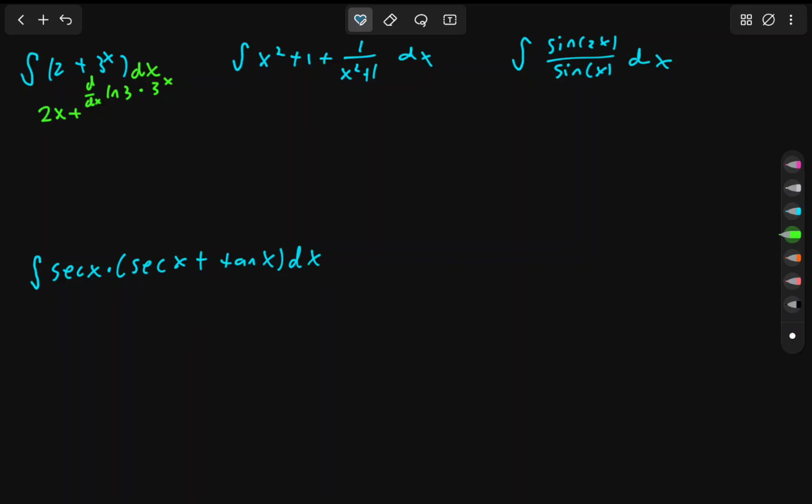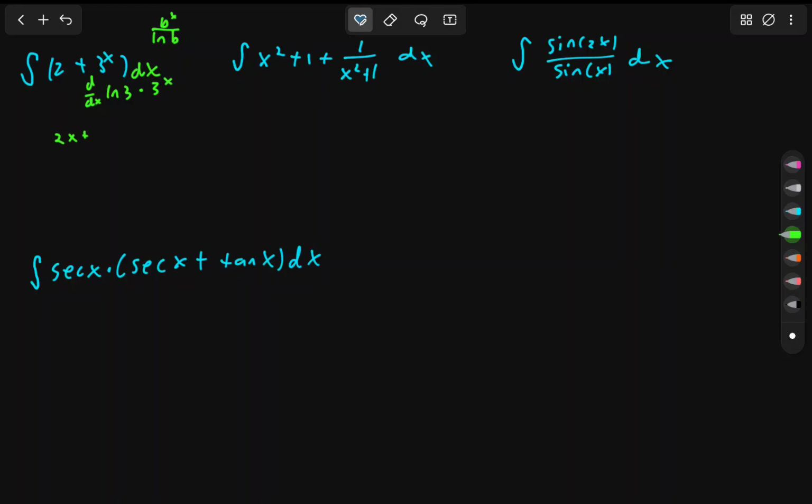Well, because the integral and the derivative are these inverse functions, I think it's easy to reason that the integral of an exponential is going to take the form of b to the power of x divided by the natural log of b.